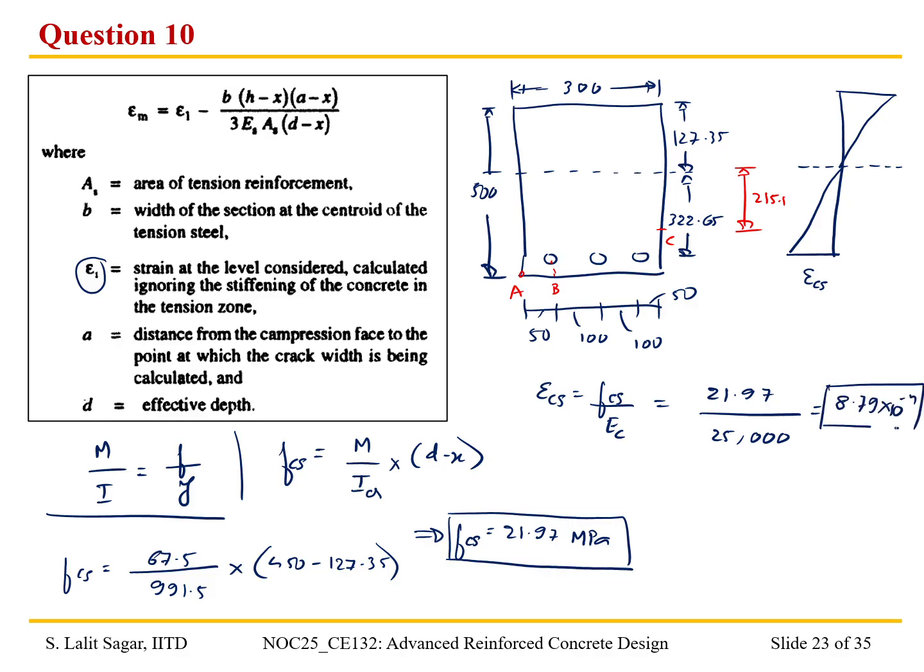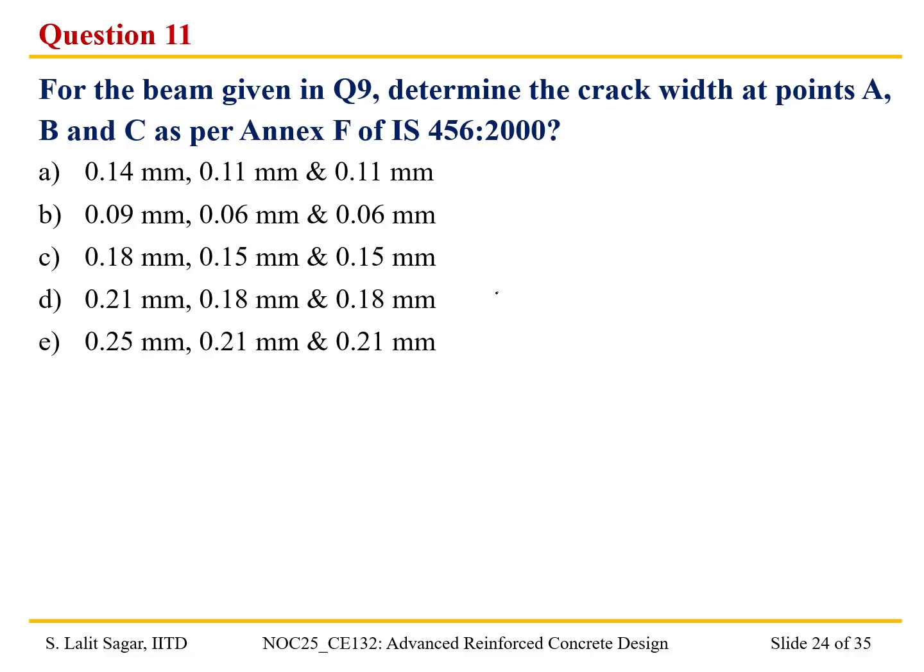That is the value of epsilon CS. Okay, now we need to find out the value of epsilon 1. So epsilon 1 is the strain at the level considered, calculated ignoring the stiffening of concrete in the tension zone. Okay, so we need to find out epsilon 1.